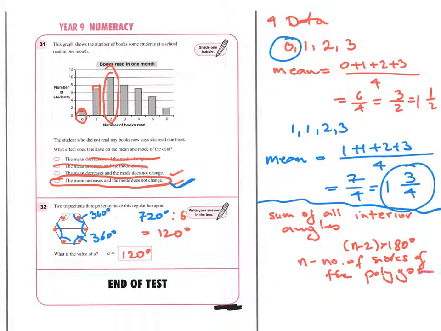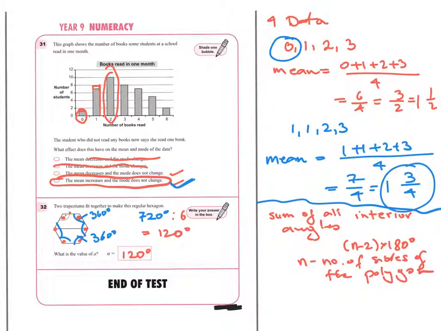So this is the shape that we have here. In this case, the hexagon is our polygon. So now, what does it mean? Number of sides. How many sides do we have here? 1, 2, 3, 4, 5, 6.